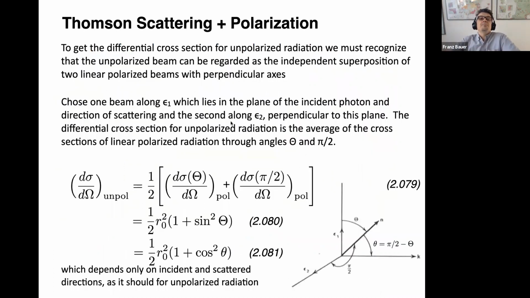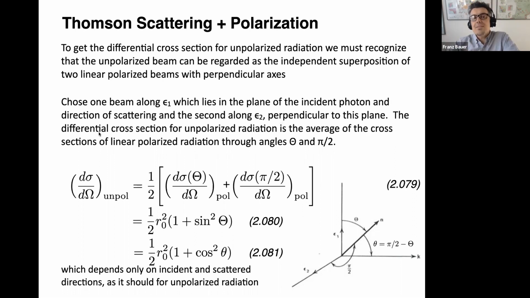Okay. So we can also estimate the differential cross-section here. And we have to recognize that an unpolarized beam can be regarded as an independent superposition of two linearly polarized beams with perpendicular axes. And so we can choose one beam to have a unit vector E1, which lies in the plane of the incident photon, and then another one, E2, which is perpendicular to this.